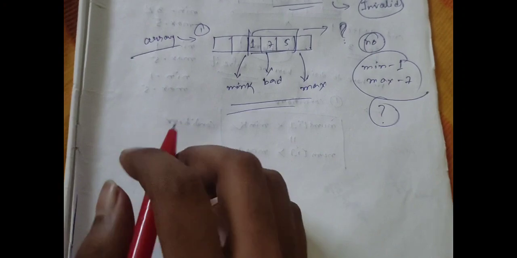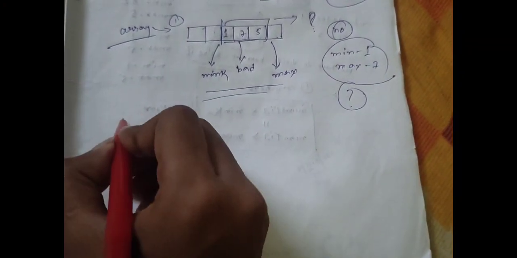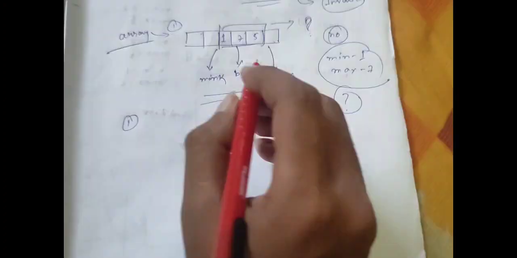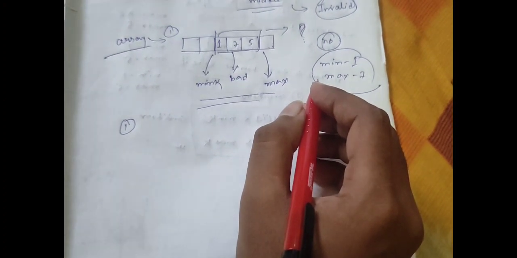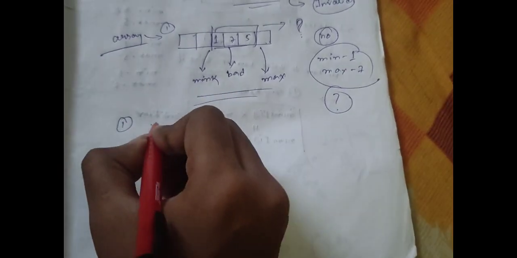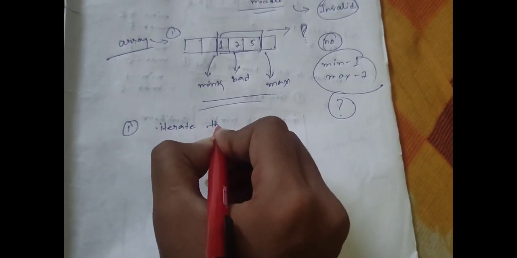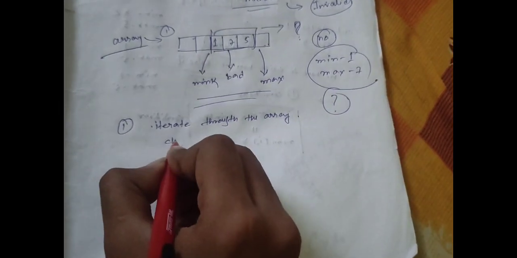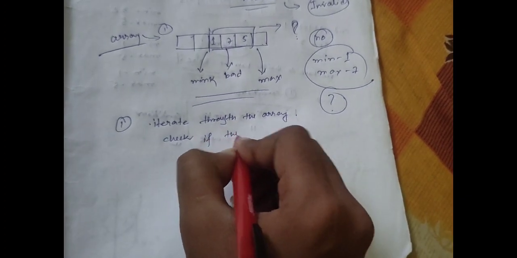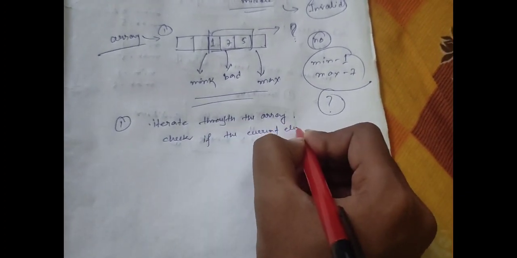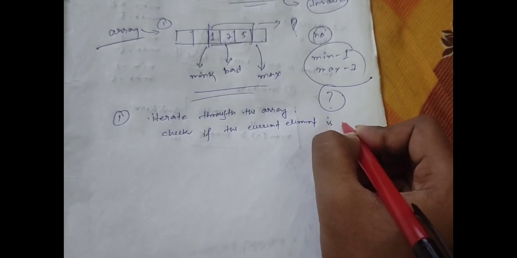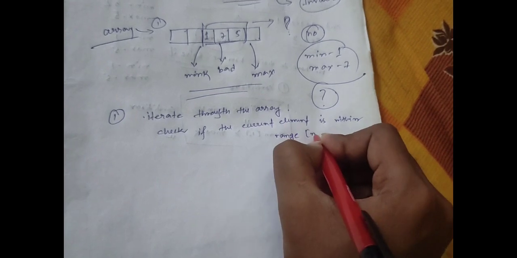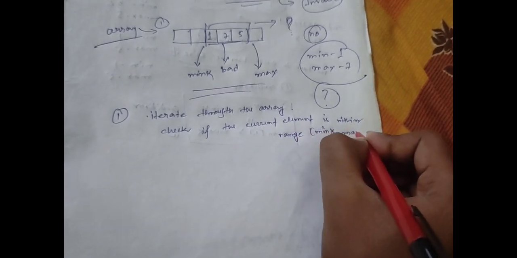So now how do we do it? I have now discussed one condition, but you initialize these things and then you have to iterate through the array. Okay, you iterate through the array and check if the current element is within the range of minK and maxK.